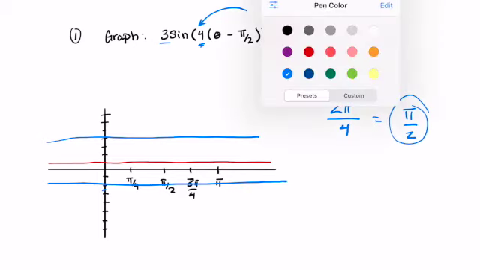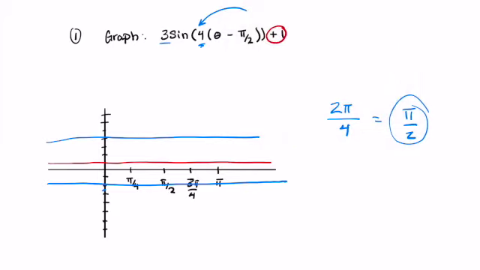The final thing that I'm going to do is I'm going to check to see my phase shift. Now, my phase shift says we are going to move pi over 2 to the right. It's always opposite when it's in the parentheses. So normally, I would start here on the y-axis.